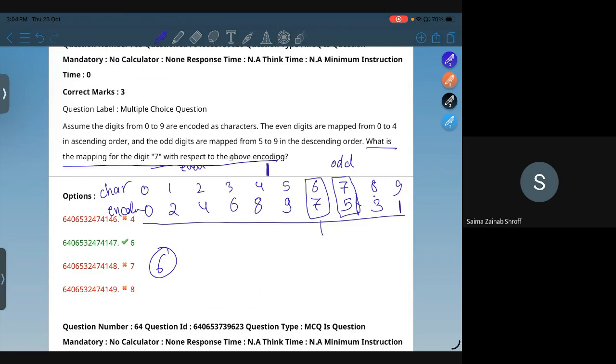Then the answer should be 5. But again, it is English, and I didn't read the English properly, so I can't answer this. If anyone can, please. Now we can just, without overthinking, move on to the next question.